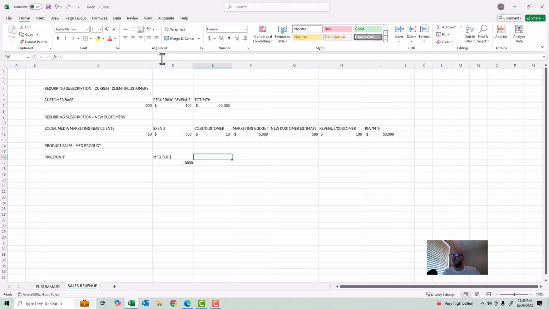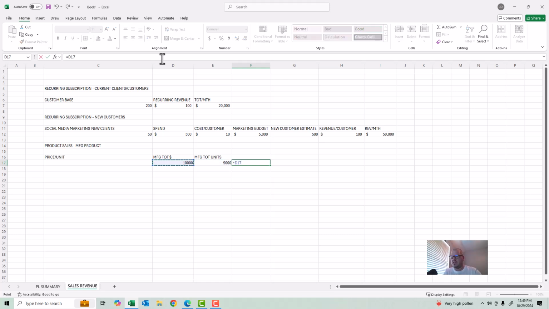Manufacturing total dollars, manufacturing total units. So let's say it cost me $10,000 to make 9,000 units. So my cost per unit is my $10,000 divided by my 9,000 units, and it costs me about $1.11 to make each one.